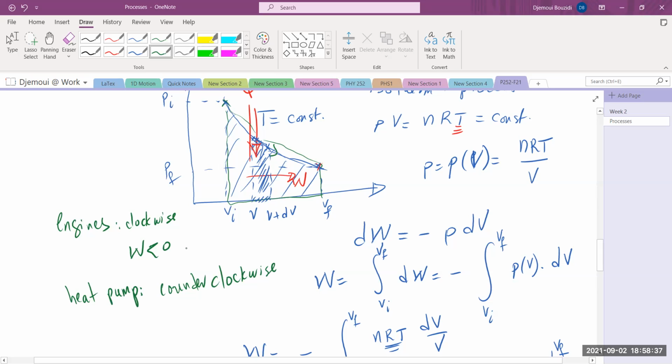In other words, you have to do work against it, like the refrigerator. The refrigerator or the AC unit in your house is taking energy from the outlet and extracting heat from the house and dumping it outside. So that's a heat pump where W is going to be positive, but that's counterclockwise.